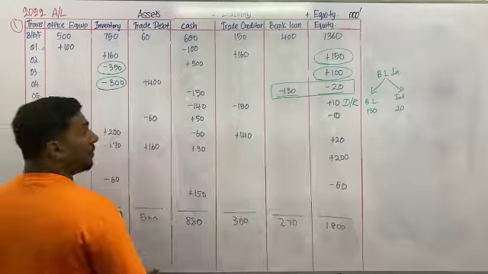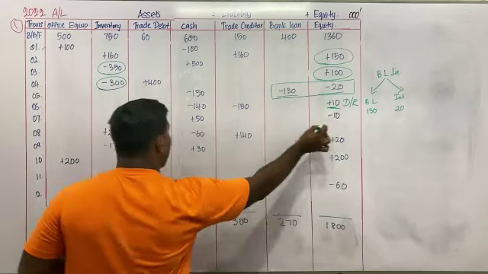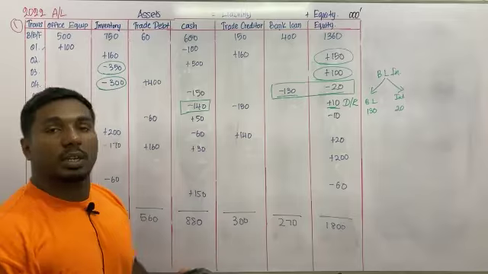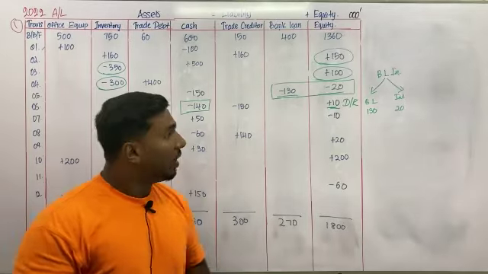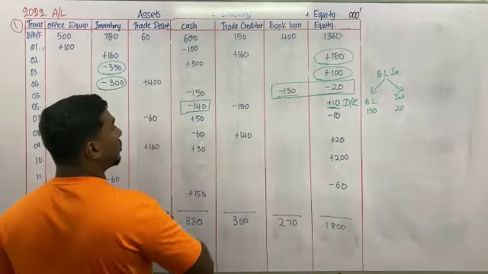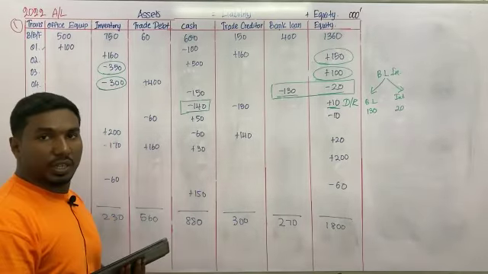After receiving the 10,000 discount, 140,000 rupees paid to the trade creditor.